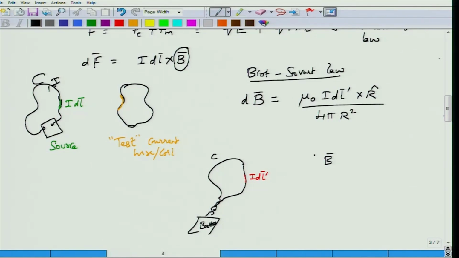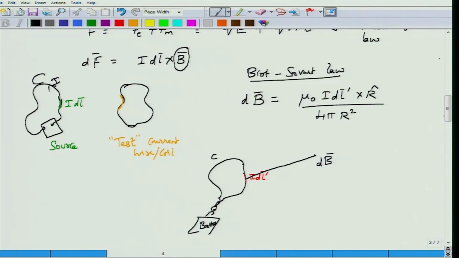So, this expression for the vector B is actually given by the infinitesimal amount of the vector B because of the current element. This is called the current element, of value I dl prime, and it is inversely proportional to the distance between the two, but the magnetic field will be perpendicular to two vectors.